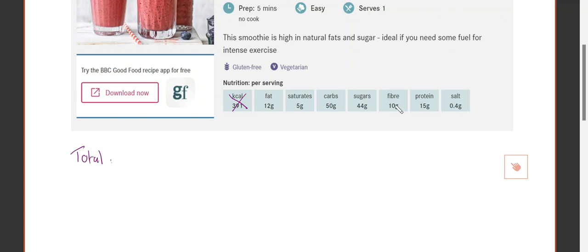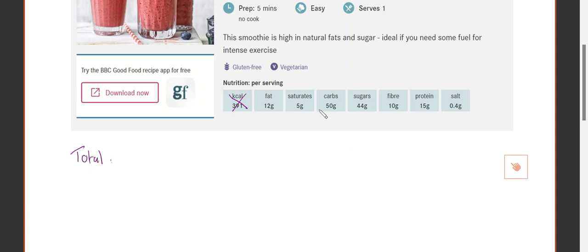It's actually a carb as well. Saturates are fats. Why do you think they're separated? Yeah, I think it's because fats are not bad for you, are they? Fats are quite good, but there are different types of fats, and people want to know how many are saturated fats. Saturated fats are the not so useful ones.